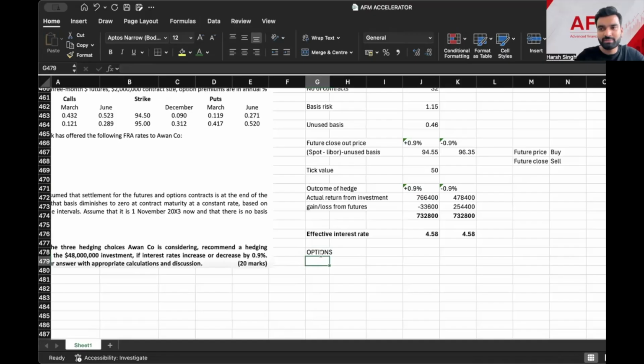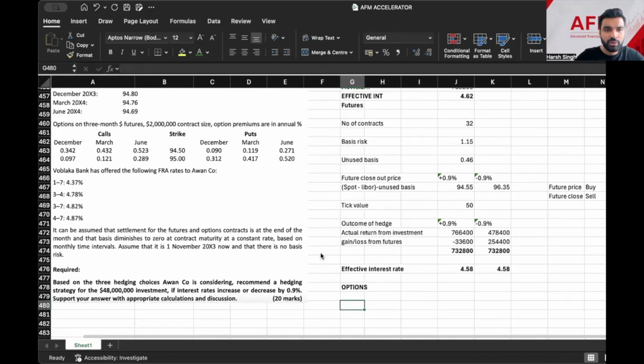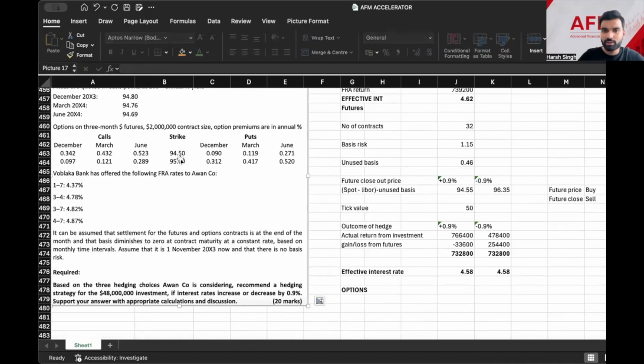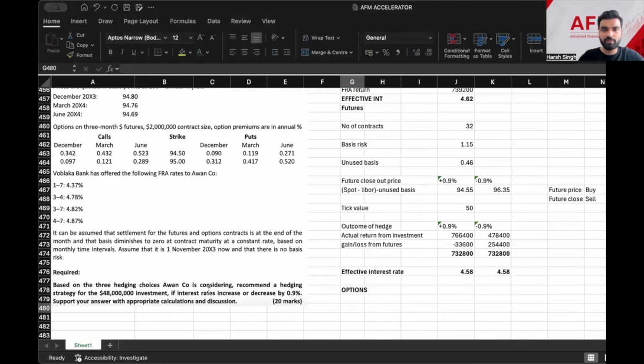So now for options, I hope that you all remember there are certain steps, 7 steps that we have to note down. And over here, we have two options which are available. We have to solve for both. First of all, let's solve for the first one, 94.5, and then we will move forward with the next one.